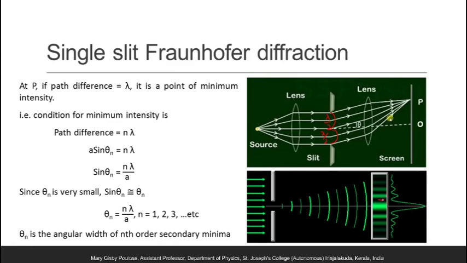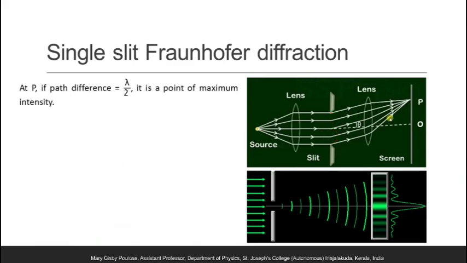Now if n is equal to 2, we get the angular width of the second secondary minimum, that is this. Likewise on either side. This is the first order secondary minima and this is the second order secondary minima. This is the equation of importance.